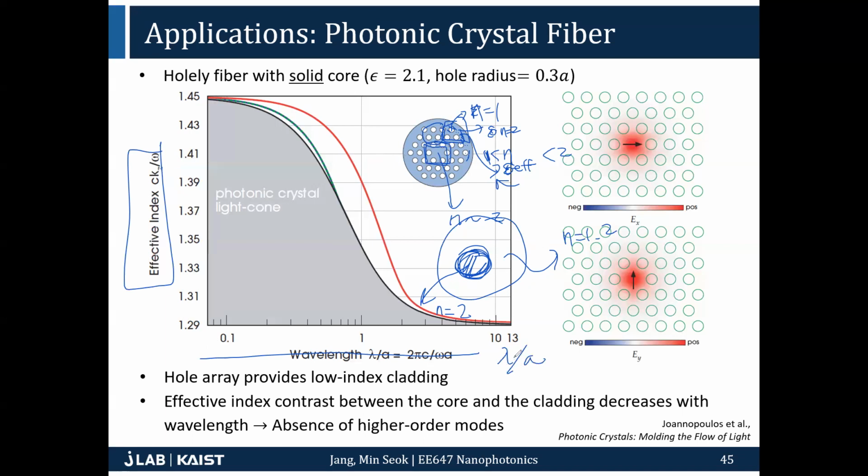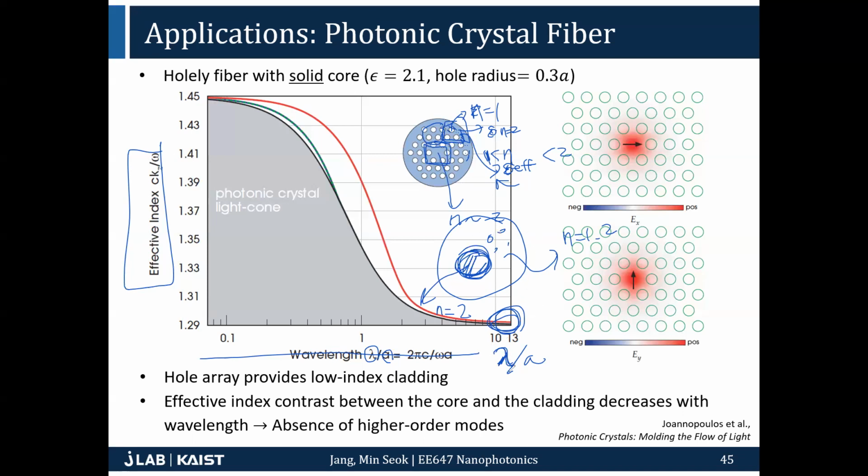Lambda over a means the wavelength compared to the hole size. And when lambda is much larger than a, like in this regime, you can see the effective index of the mode is relatively small, right?